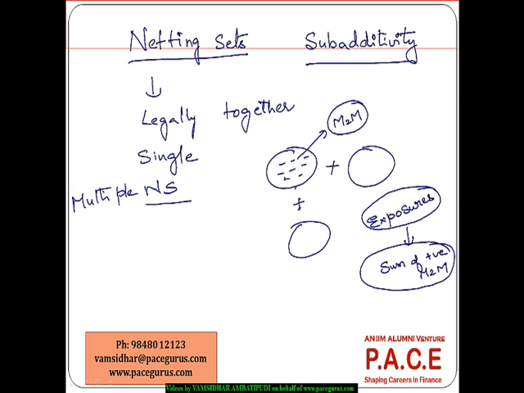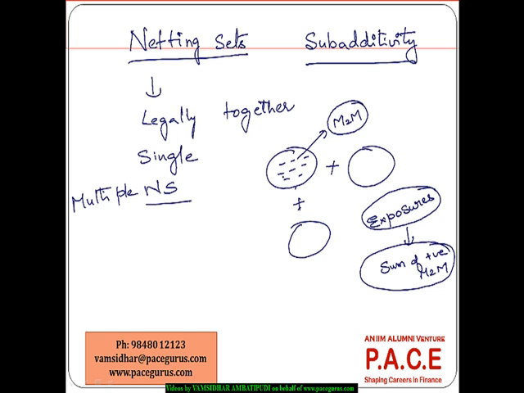Whereas within the netting set, whatever are the transactions, I am simply adding the mark to market values, which means the positives could be there, negatives could be there. I am not making the negatives zero there. I am offsetting the positives against the negative. So that is what I mean. Across the netting sets, the exposure is always additive, whereas within the set, we are talking about the addition of the mark to market values where the positives and negatives can be offsetted against each other.